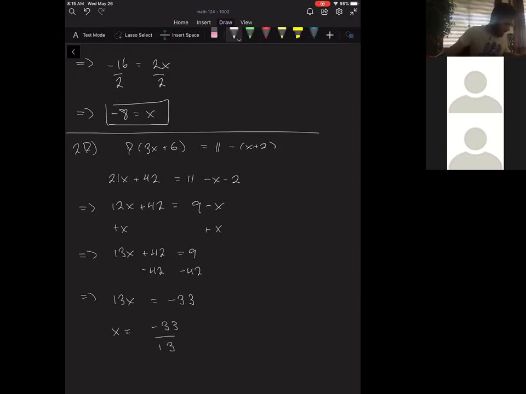Sorry, the book says the answer is minus 3 over 2, but this doesn't simplify to minus 3 over 2. How does the book get that? It might be a typo, right? 7 times 3, so it's 21. Make sure I copy everything down right. Yeah, so you got 21, 7 times 6, pretty sure that's 42. That's right. So then 11 minus x minus 2, okay, that becomes a 9. That's fine. Add the x, that's 13.